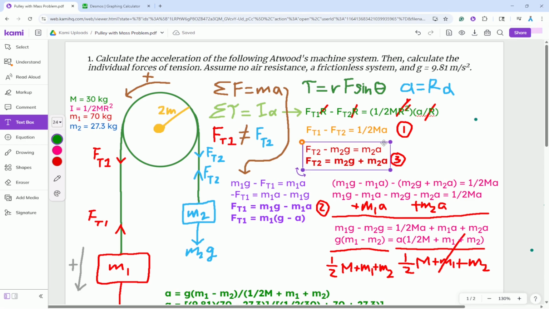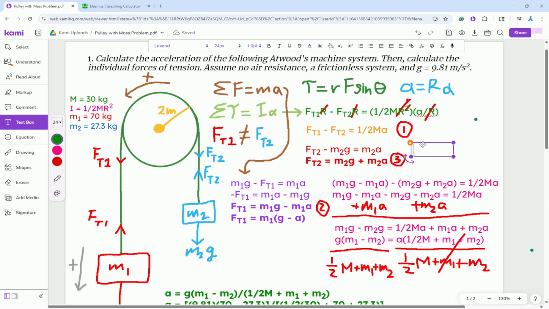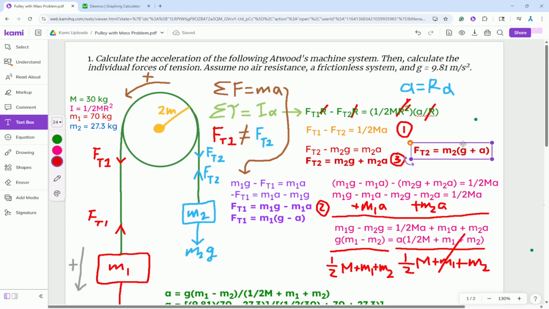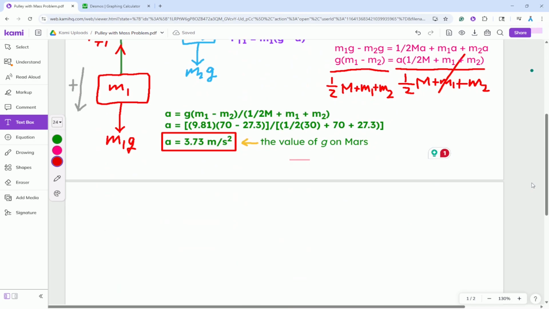And this one up here is FT2. Let me bold it. FT2 is equal to, they share m2, so m2 multiplied by the quantity g plus a.